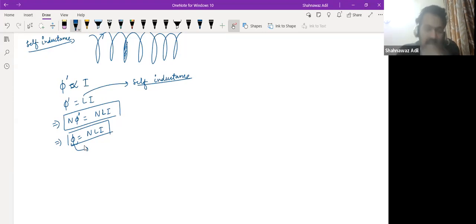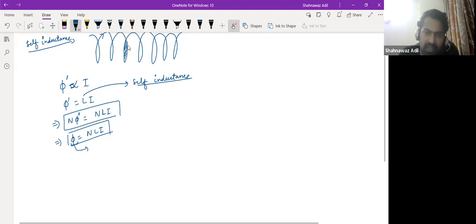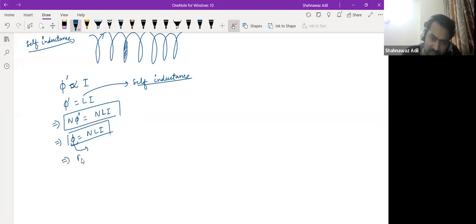I'm asking what is the magnetic flux. So BA cos theta, and theta is 0 degrees in this case. So we'll only write BA, right? And this is equal to NLI.